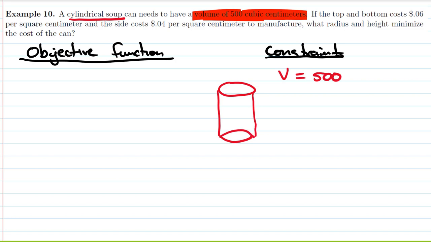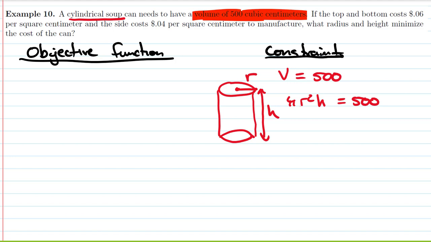The volume formula for a cylinder is the area of the base, which is a circle, so pi r squared times its height has to equal 500. So we have our radius and we have our height. So that's our constraint for this example, is that the volume of the can, so pi r squared h, has to be 500.